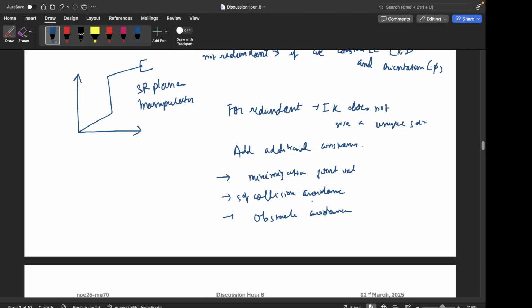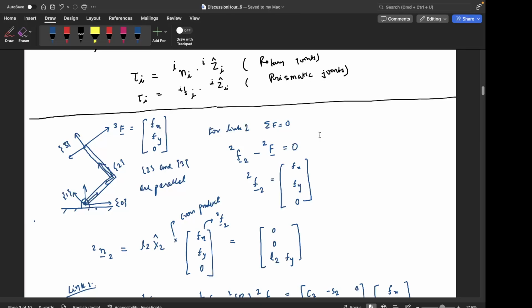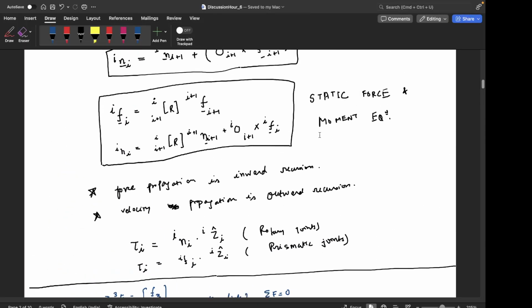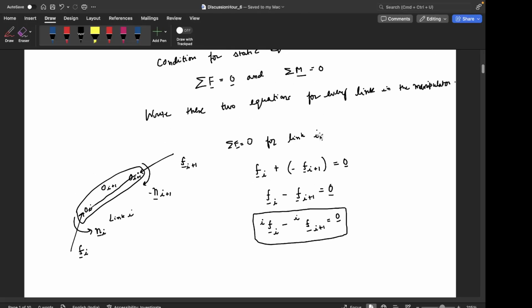So to summarize today's discussion, what we discussed is the statics for serial manipulators, and how the forces and moments are balanced for each of the links, and basically we get a recursive relation that is processed from the outermost link to the innermost link, and this gives us the forces and moments that are acting on each link.